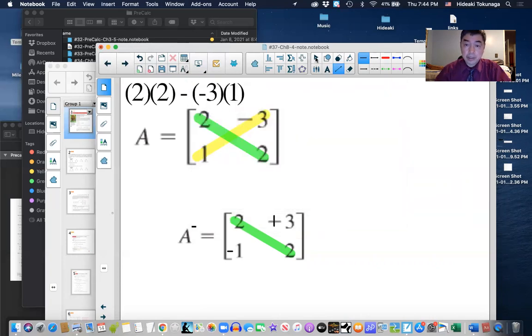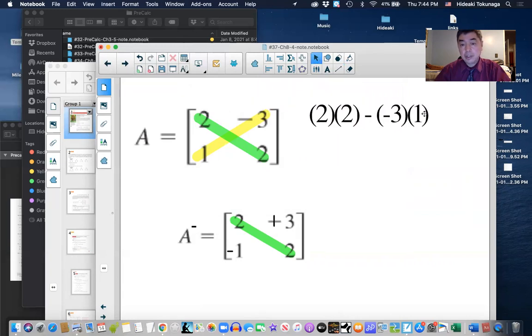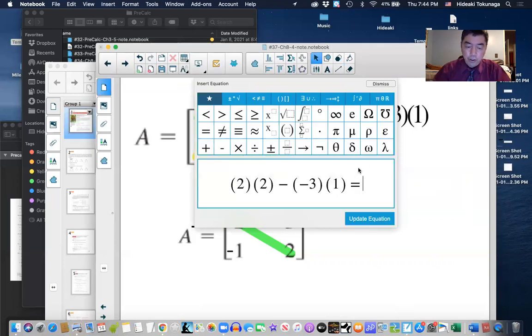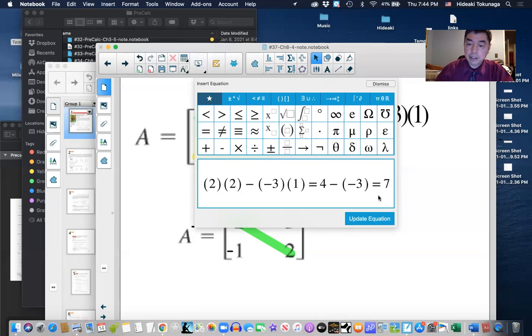Okay, so this is 4 minus negative 3, isn't it? So that is 4 plus 3, which is 7. So I write down here 7.